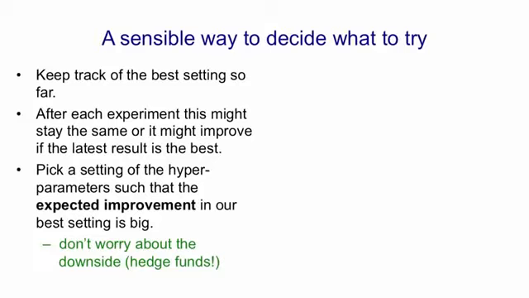If the fund goes down, you lose. Now that's a crazy thing for a client to agree to, because that gives the hedge fund manager a huge incentive for taking huge risks, because he has no significant downside. But for finding hyperparameters that work well, it's a sensible strategy.